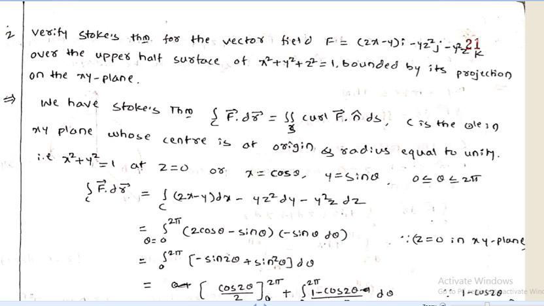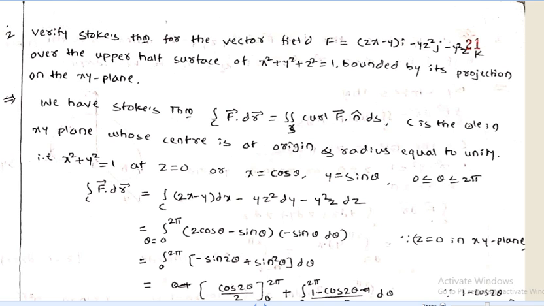Solution: we have the Stokes theorem. The integration along the curve C of f dot dr is equal to the double integration over the surface S of curl f dot n cap ds, where C is the circle in the xy plane whose center is at the origin and radius is unity.